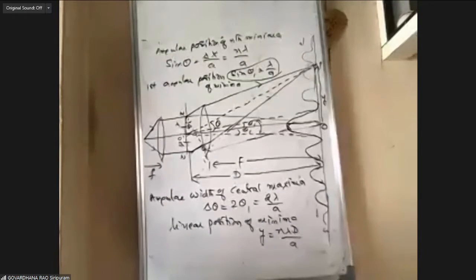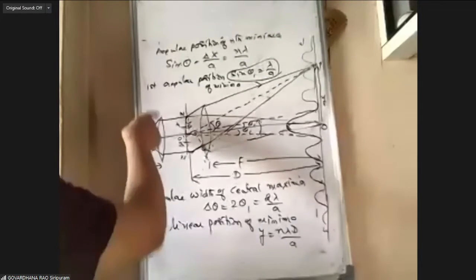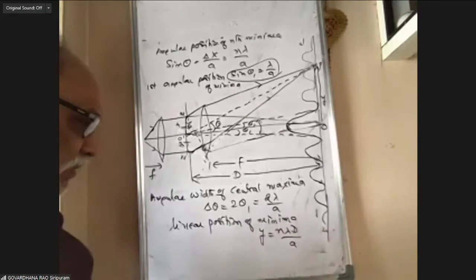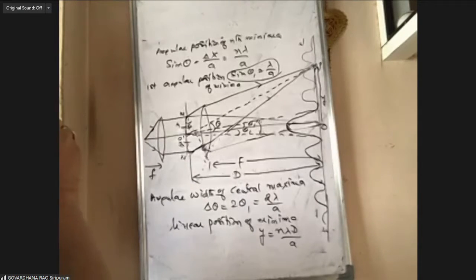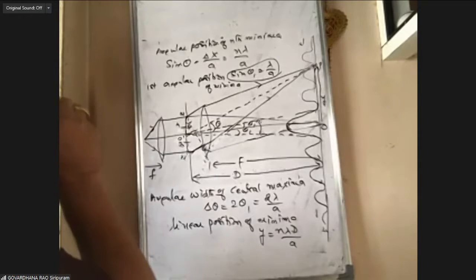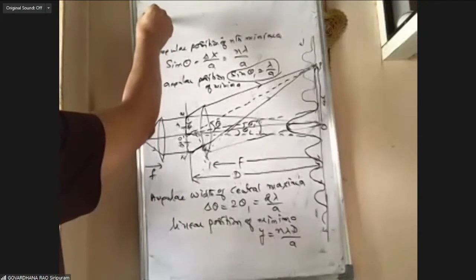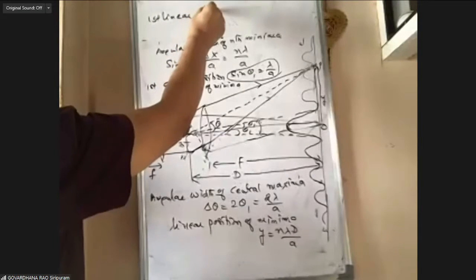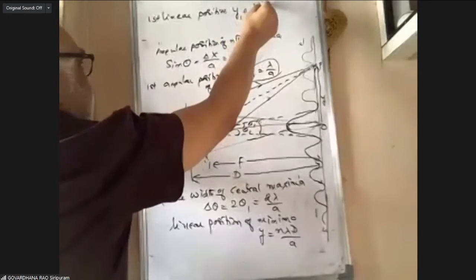I wrote tan theta equals sin theta, so y equals delta x into D by lambda, where delta x is n lambda. So the linear position of minima is y equals n lambda D by a. What is the first linear position? Y1 is equal to lambda D by a.